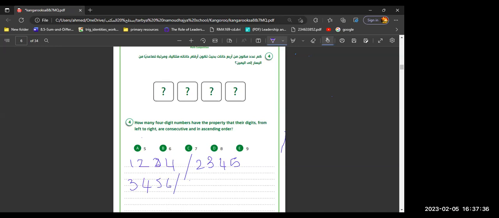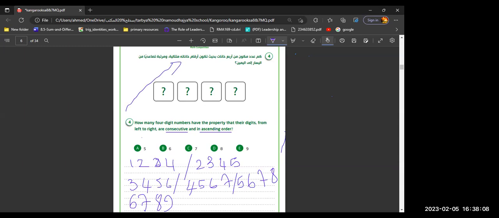Then 4, 5, 6, 7. Then 5, 6, 7, 8. Then 6, 7, 8, 9. So we are satisfying the condition here. What is the condition, guys? They are consecutive and in ascending order, from least to greatest.